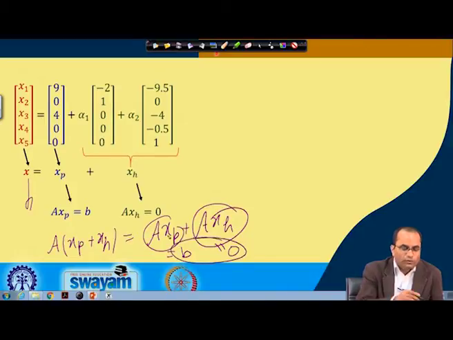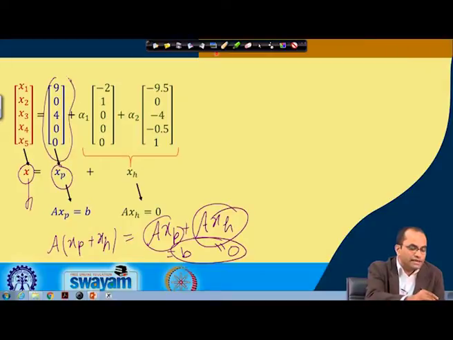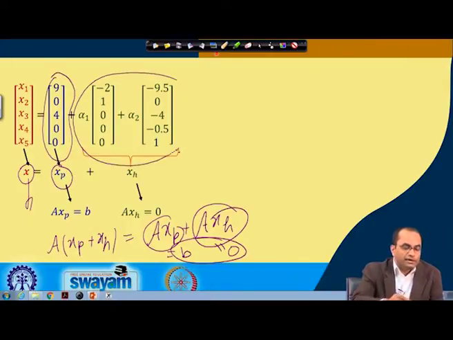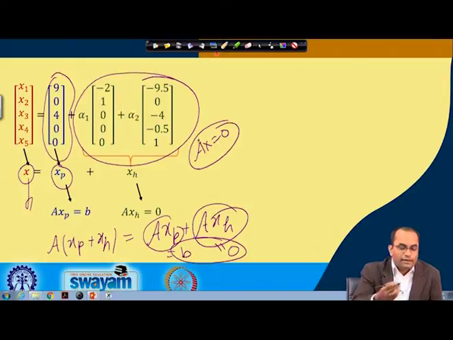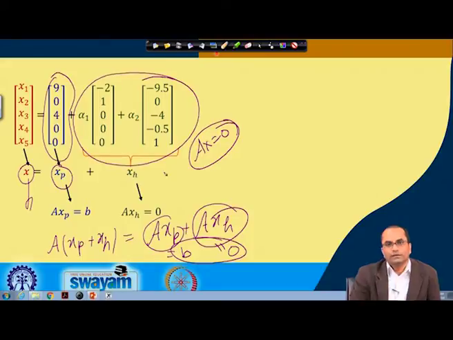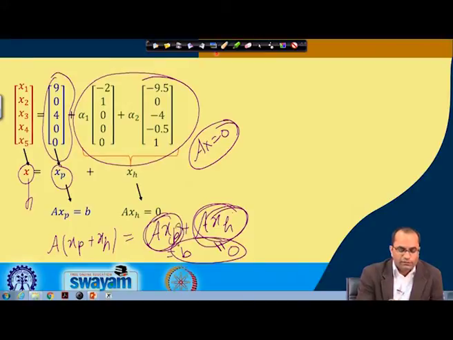So, as a whole also this x will satisfy Ax is equal to b, but if we go a little more into the detail, what we observe is that actually this part is satisfying Ax is equal to b, and this part is satisfying Ax is equal to 0. And then as a sum also they will satisfy naturally, because of this reason here Axh is 0 and Ax for this particular is b.